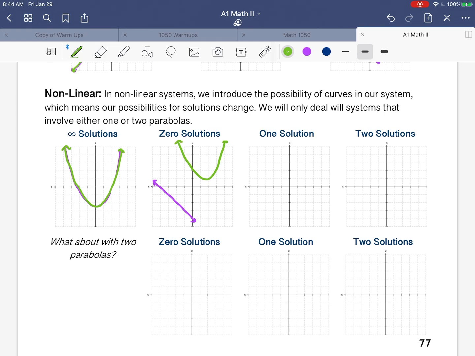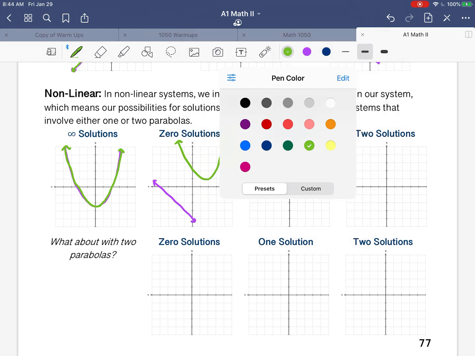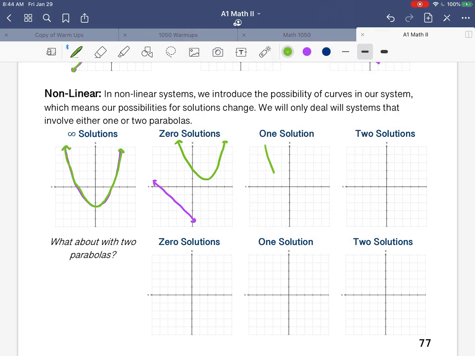Those two things will never touch each other, and therefore there are no solutions to that system of equations. There's also the possibility of having one solution. That will look something like this, where a line will touch only once, and that's our solution.